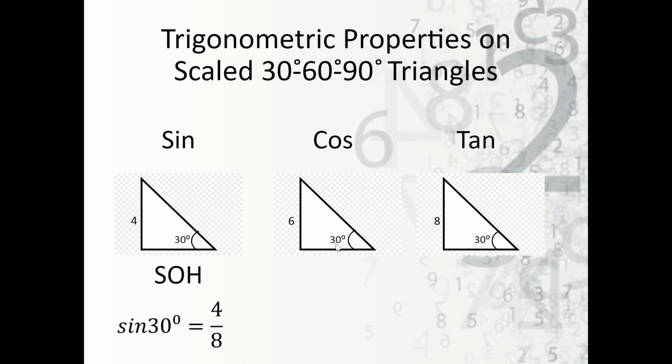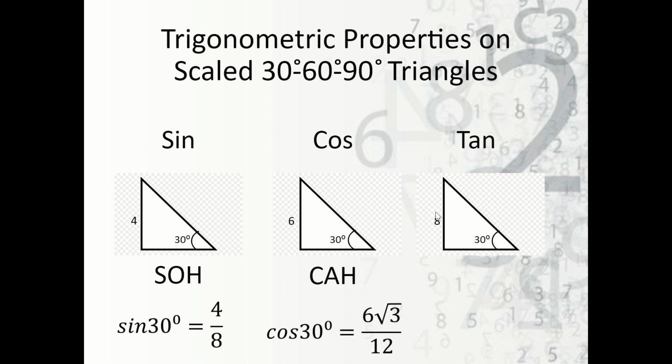Now cosine, remember cosine is adjacent over hypotenuse. So the adjacent side is here, and we scaled it by 6, so it should be 6 square root of 3. And our hypotenuse should be 2 times 6, which is 12. So we should get 6 square root of 3 over 12.